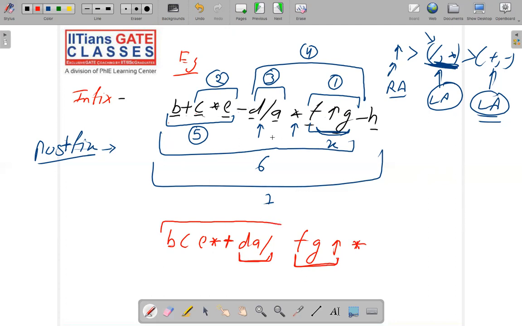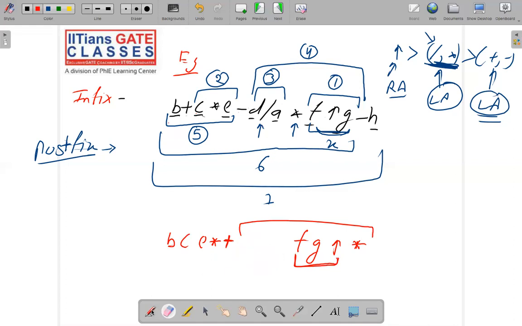We are left with one intermediate operation. So now we have performed these operations.